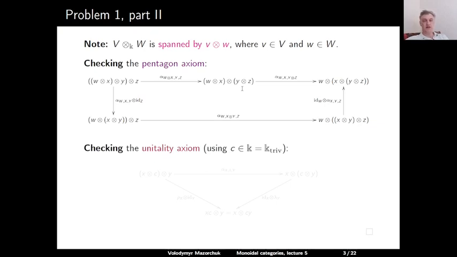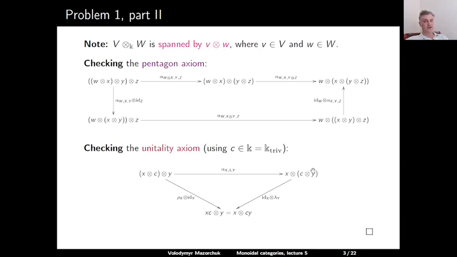And similarly for the unitality axiom, so if we start from the tensor product of x with some scalar c and then tensoring with y, we can use the associator to rearrange the bracket to get x tensored with c tensor y. If we apply the right unitor to the first expression, we get xc tensor y.